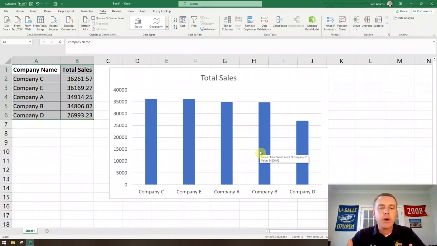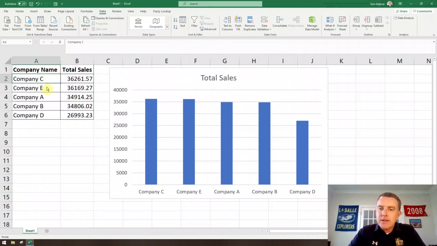You can see right away from looking at this chart that our best customer, or if it's a subsidiary, our best subsidiary, is company C, and our worst is company D. As we go along, these visualizations can get more complicated, but this is the basic idea. What's the best way to present this information? This table up here presents the information, but it doesn't do it in the best way. It doesn't get that information across to the user in the most efficient and effective way possible.